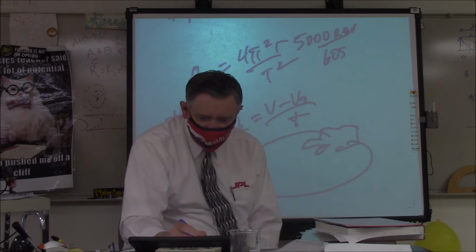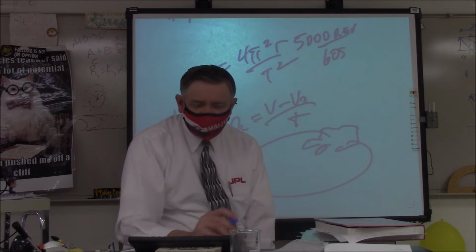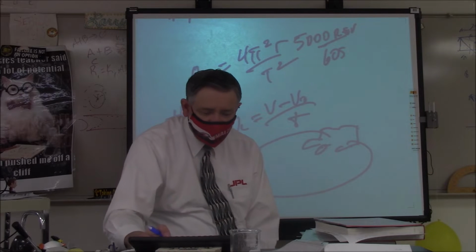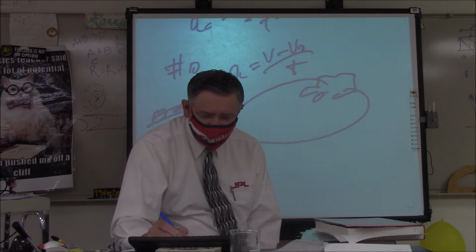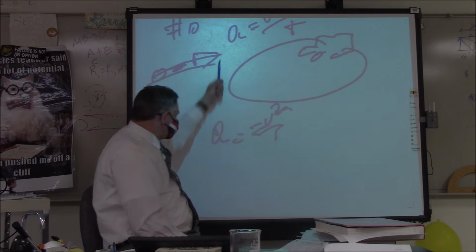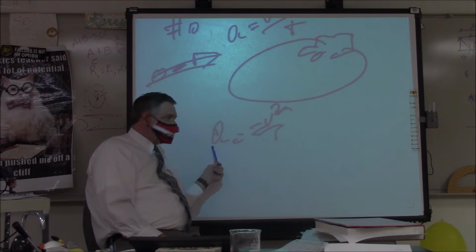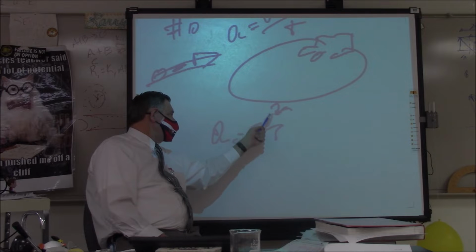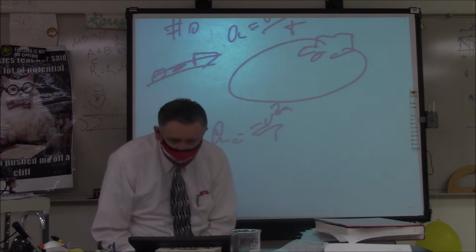Then set that equal to v squared over r. So find your linear acceleration, use that as your centripetal acceleration. You know the radius, figure out how fast you have to go.